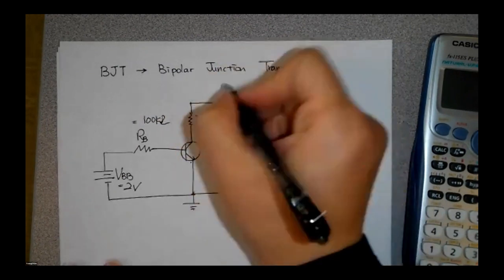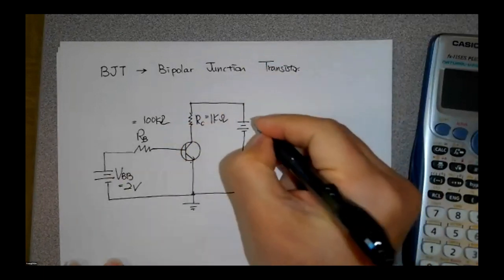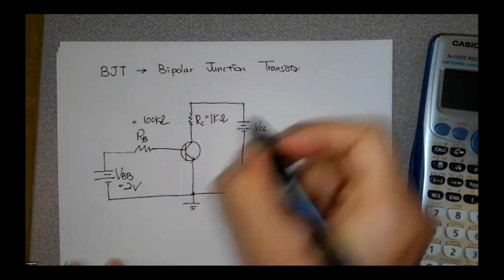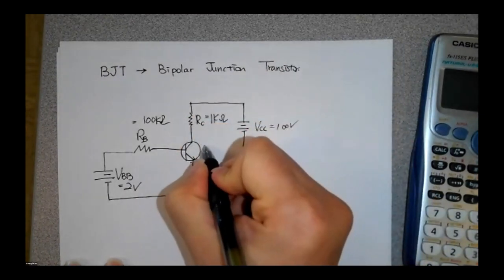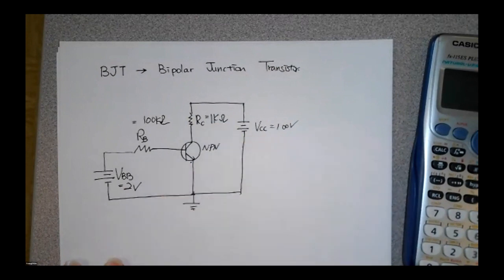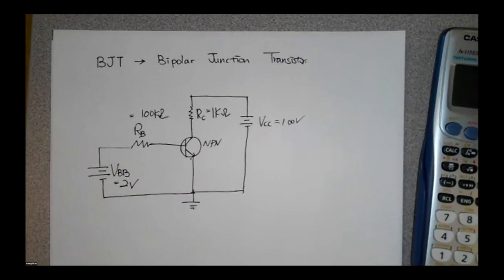All right. That RC is 1 kilo ohm here, and V sub CC is 100 volts. And then that was the NPN transistor. Okay, NPN transistor.